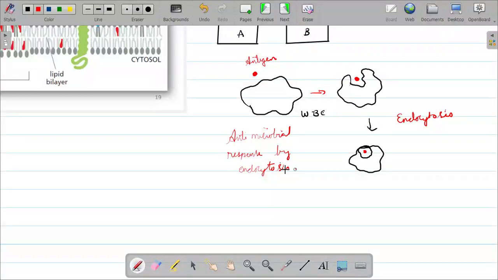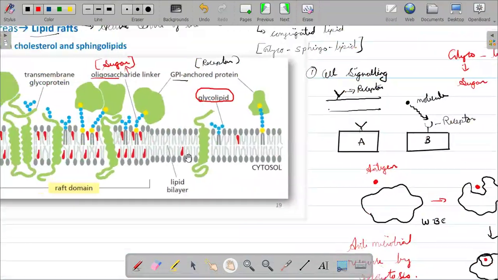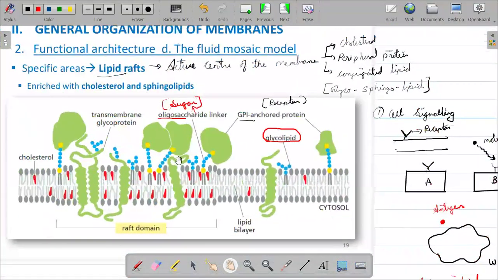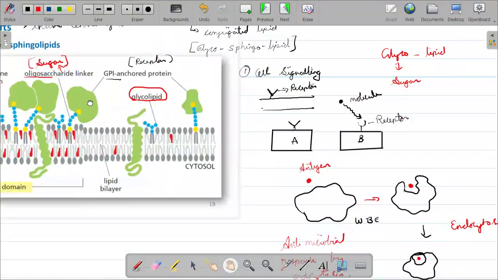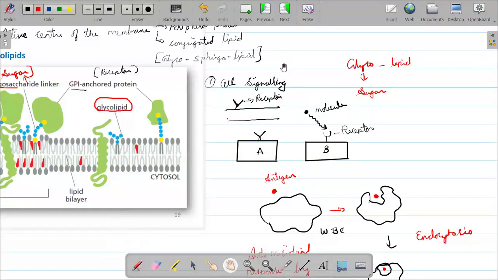When an antigen or a pathogen encounters your body, a cell has to engulf it. So this is also mostly associated with your membrane. Are you able to understand what this raft is? It is a recognizing molecule, and they mostly help in cell signaling and cell recognition.